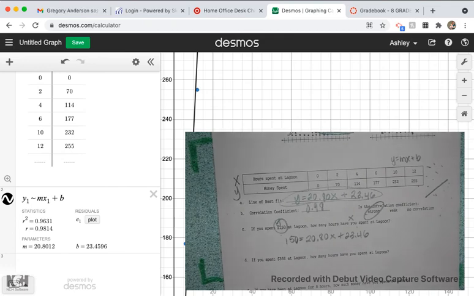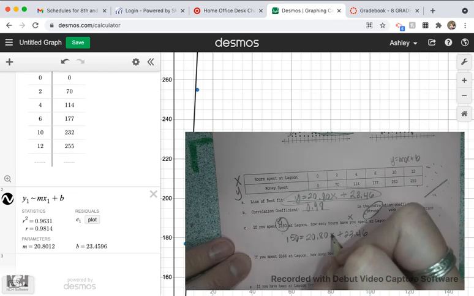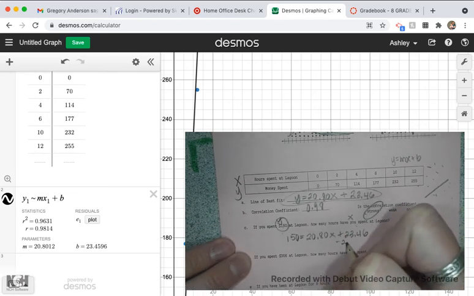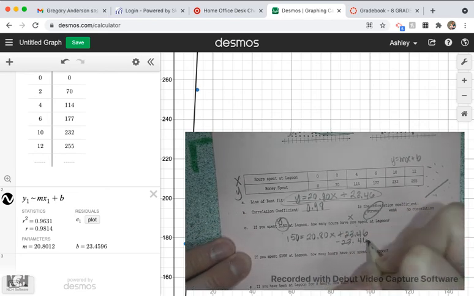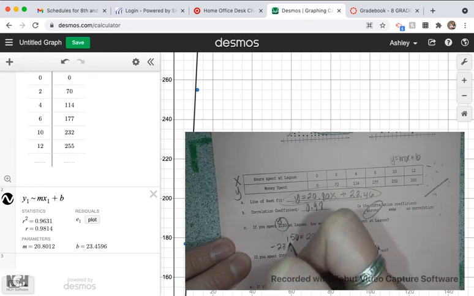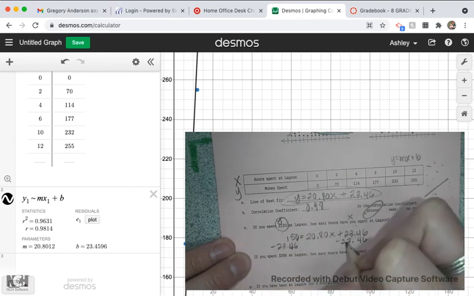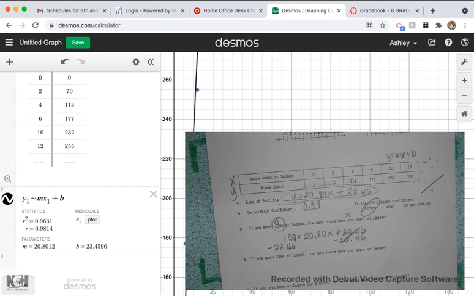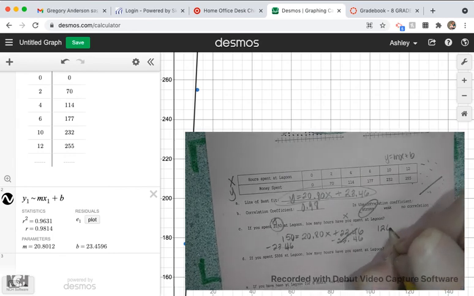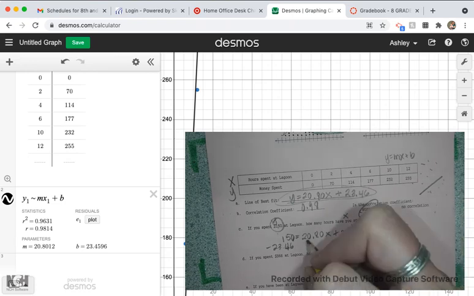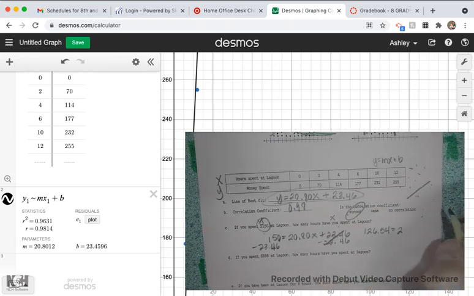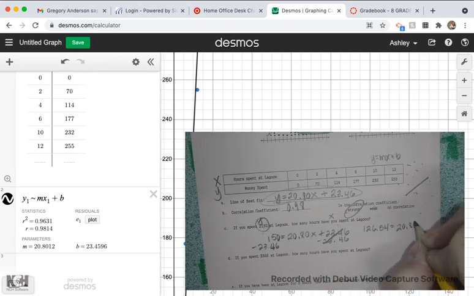So now we have to solve for x in this lovely little two-stepper. So the first thing we need to do is get our variable by itself. So we are going to get rid of positive 23.46. So we subtract 23.46 on each side. So 150 minus 23.46 is 126.54, and that is equal to what's left on the right, which is 20.80x.